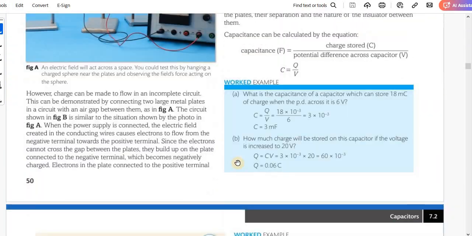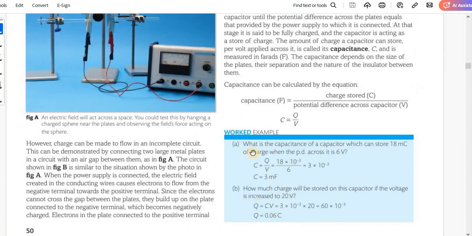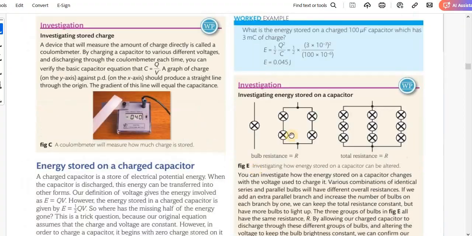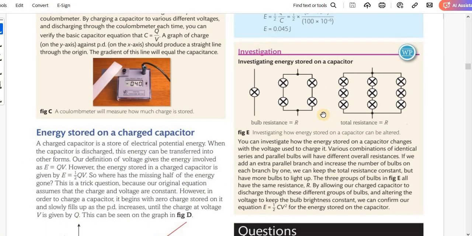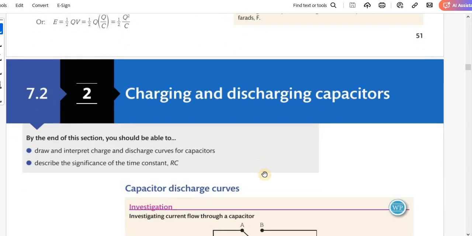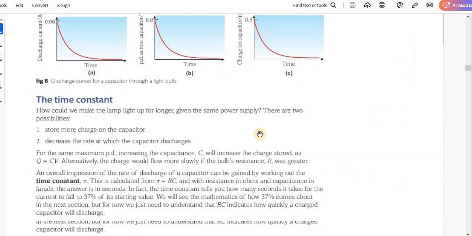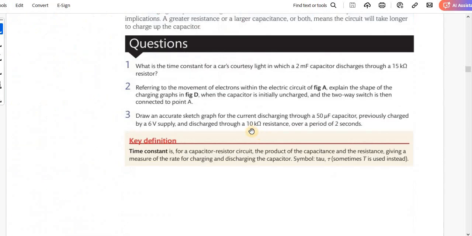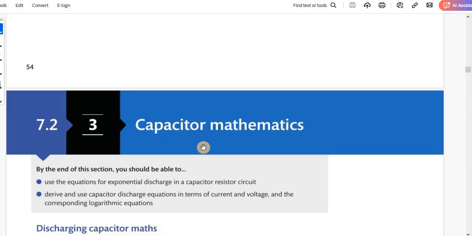So I have explained all this. Remember, we went through these examples. Make sure you answer all these questions. You should study the definitions, charging, and then we have here also answer all these questions. Check the answers after you do.